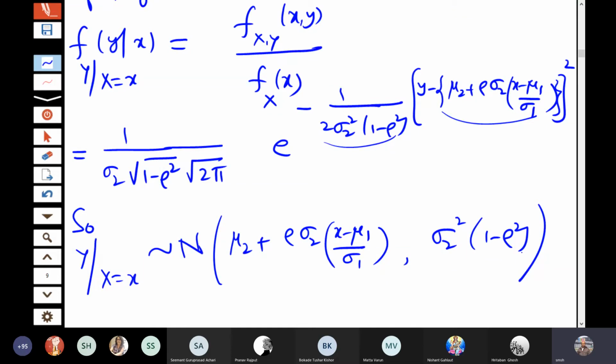So you have proved something very interesting. If xy has a joint bivariate distribution, then the marginal distribution of x is univariate normal and the conditional distribution of y given x is also univariate normal.